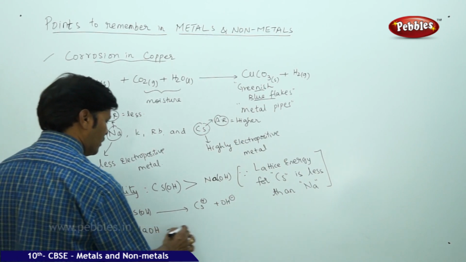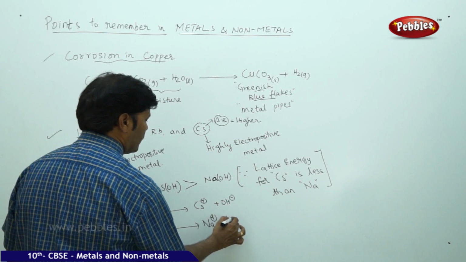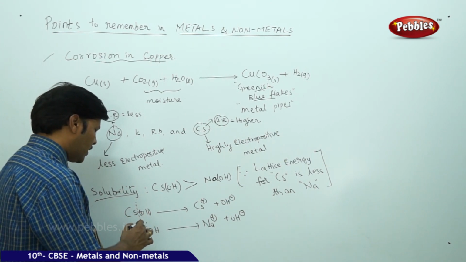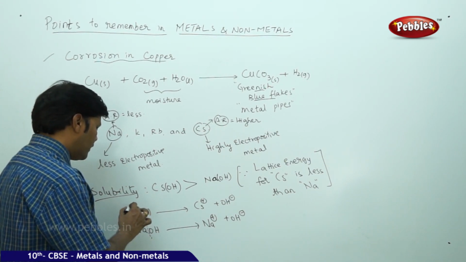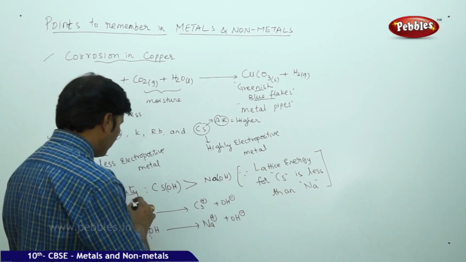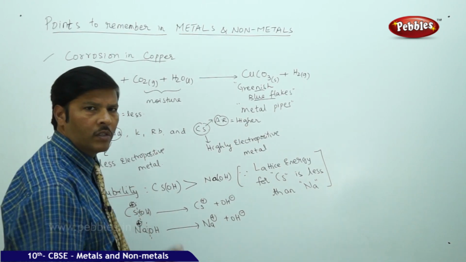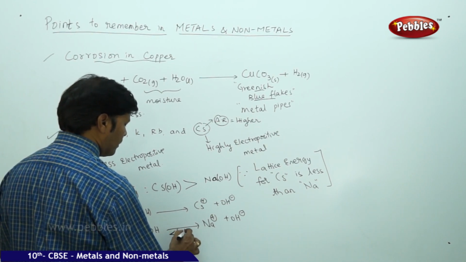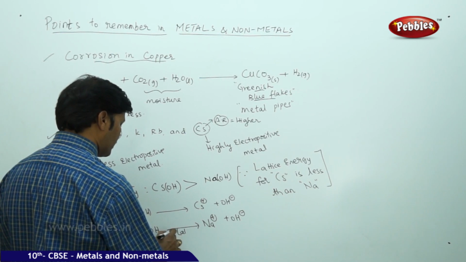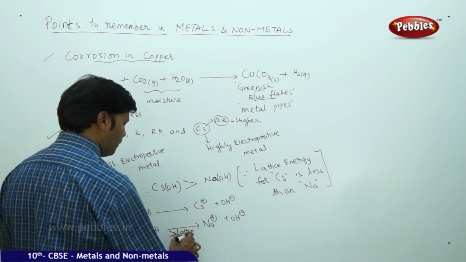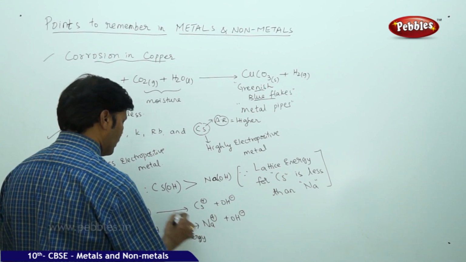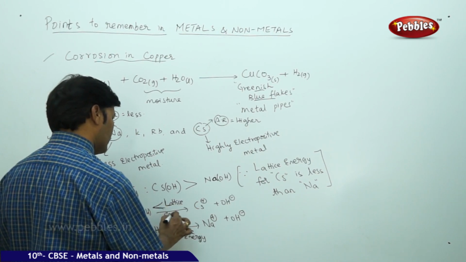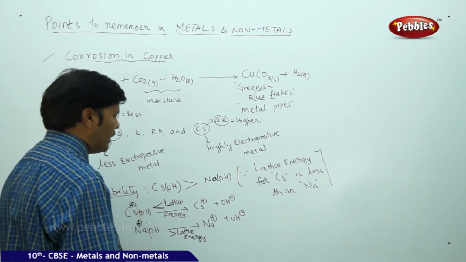If you take NaOH, Na plus and OH minus ions, the readiness with which the cesium ion is formed is much faster than the readiness with which the Na plus ion is formed, because here it is greater lattice energy, and here lesser lattice energy is required.